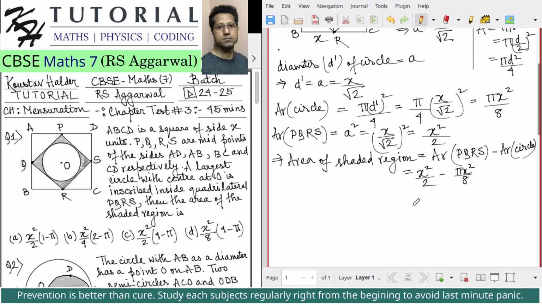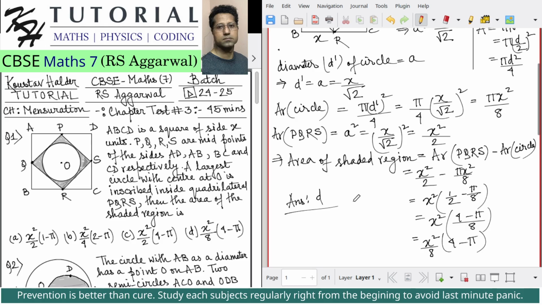If we simplify this, I can take out x square common. So this is half minus pi by 8. If I simplify this further, this will be 4 minus pi by 8. So this is equal to x square by 8 multiplied by 4 minus pi. So this is the area of the shaded region, and hence the correct choice is D. D is the correct choice.